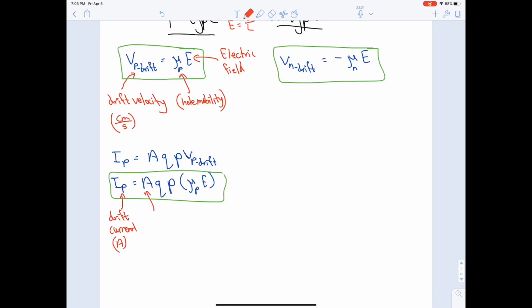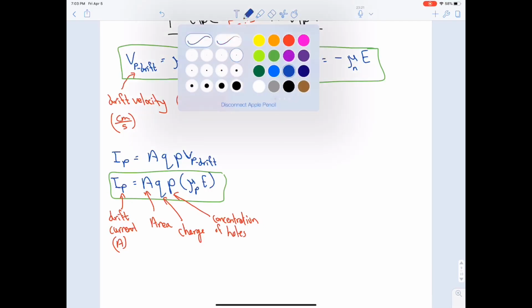A is the area, Q is the charge, and P is the concentration of holes.